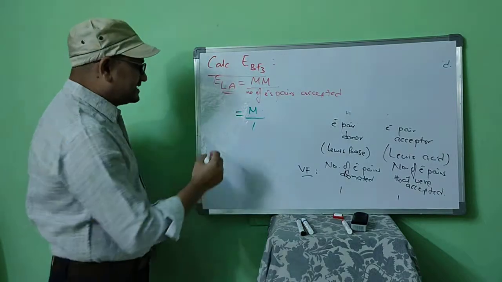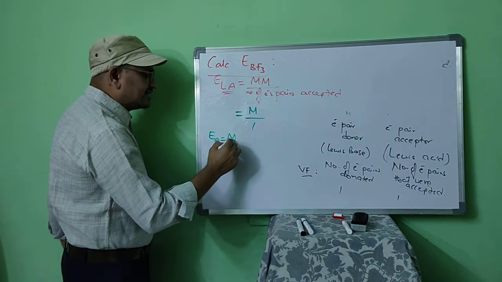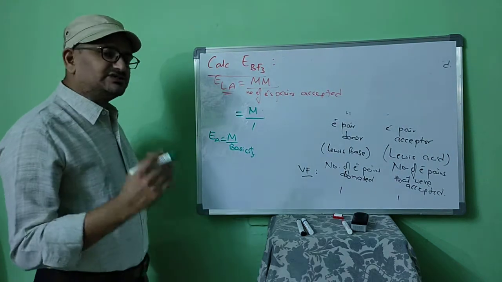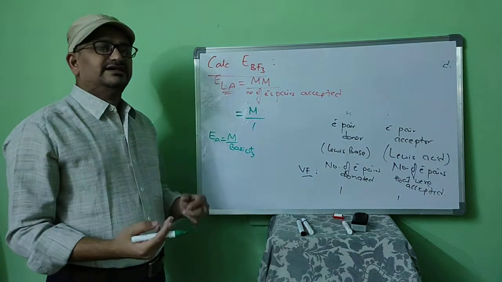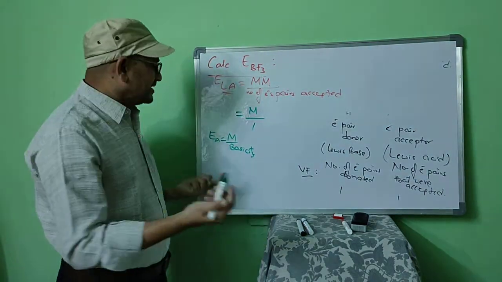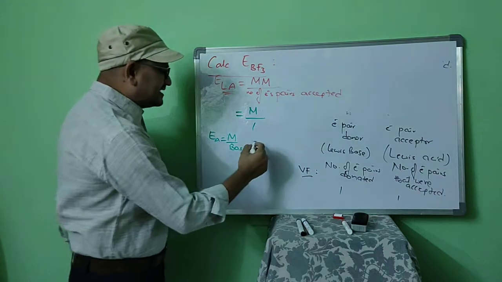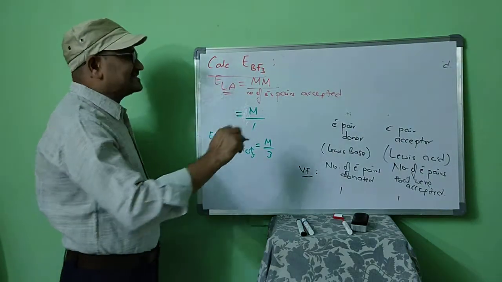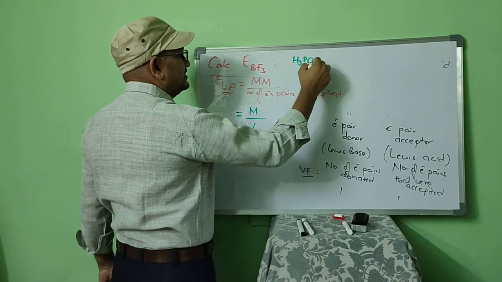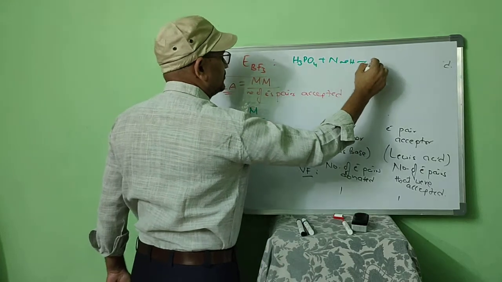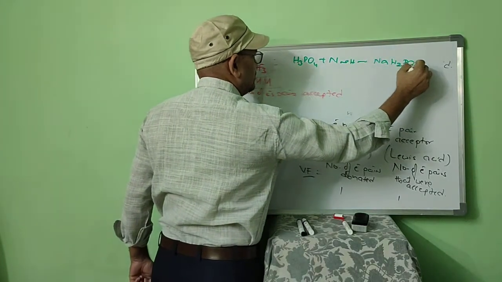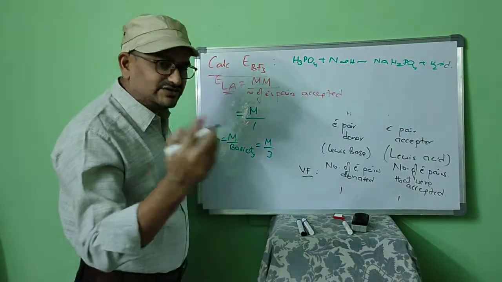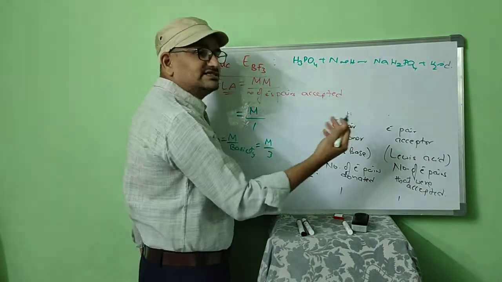So like this, among acids also there may be different cases. The direct formula is equivalent mass of acid equals molecular mass by basicity. Basicity means number of replaceable hydrogens. Suppose H3PO4, phosphoric acid, is there. Its number of replaceable hydrogens is 3. If it is a question about H3PO4, directly we can write molecular mass by 3. Understood? Yesterday we discussed that case. When H3PO4 reacts with only 1 mole of NaOH to give NaH2PO4 plus H2O, even though the total basicity, the total replaceable hydrogens, is 3, how many were actually used up?